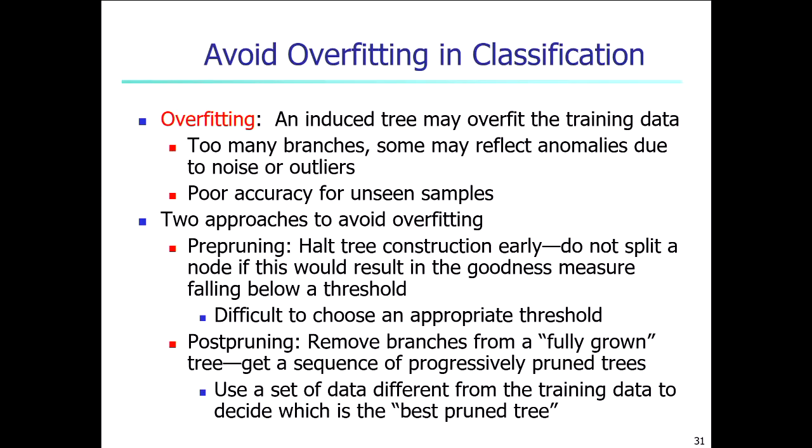But for decision tree, more specifically, it can overfit if there are too many branches. Some branches may reflect anomalies due to noise or outliers. And another thing is that for unseen samples, the accuracy would be very low.